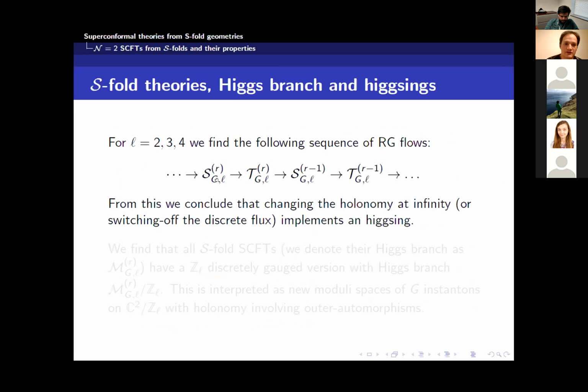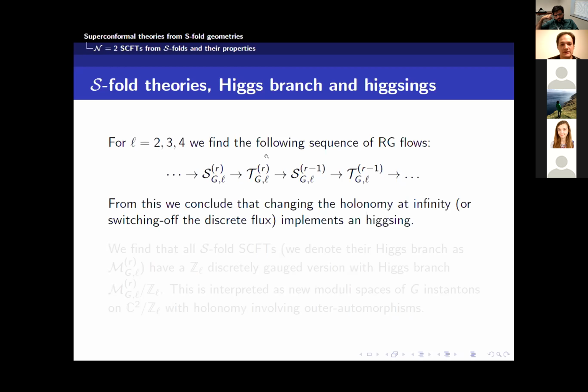So the theory of type S, which is the one corresponding to S-folds with flux, can be Higgsed simply by moving on the Higgs branch to the theory T. In particular, we see that switching off the flux is physically interpreted as a Higgsing. And then I can proceed in this way.